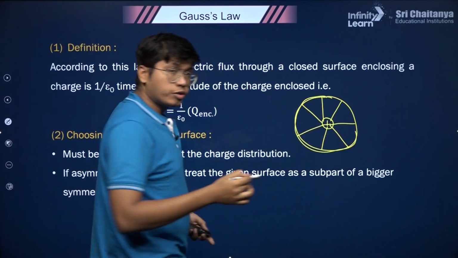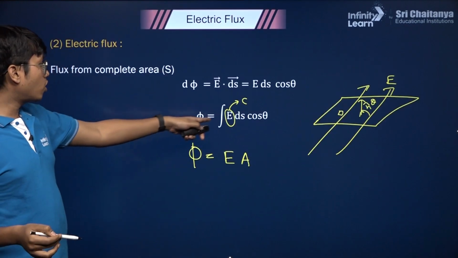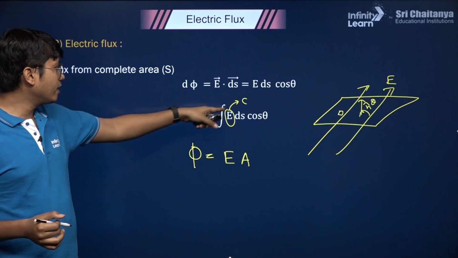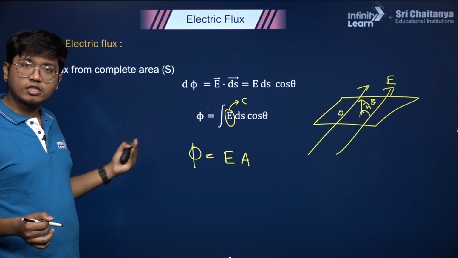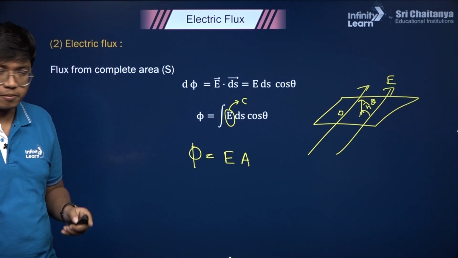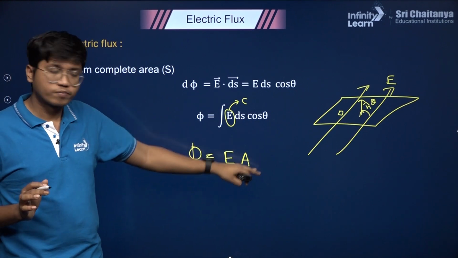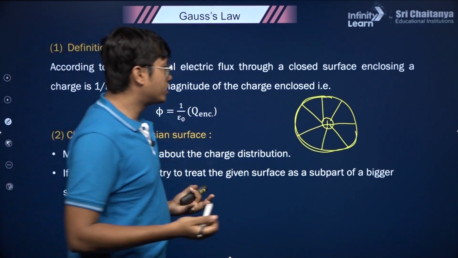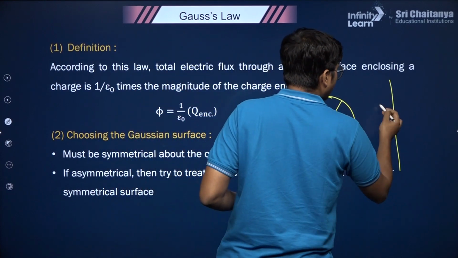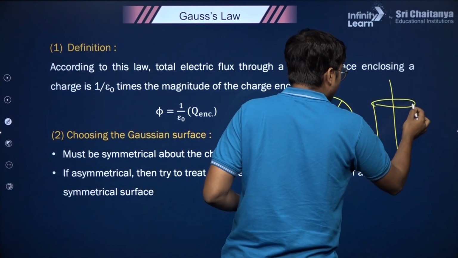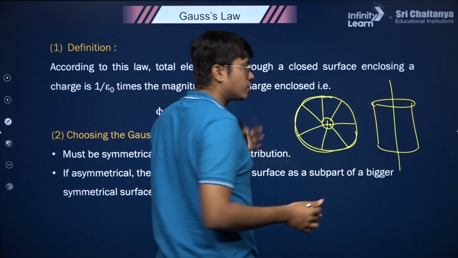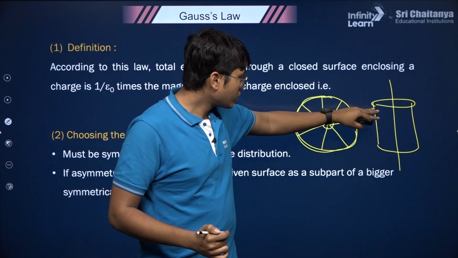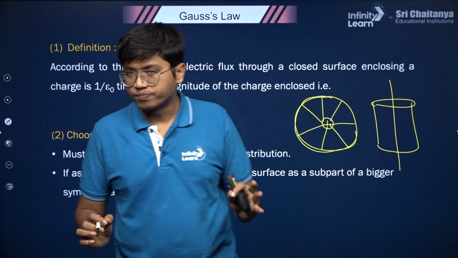So when you eventually equate your E dot ds with q by epsilon naught, you can effectively take the electric field as constant, get it out, and do your integration more easily. You'll get to this form in that case. Another case of symmetrical surfaces is if you have a line charge, then you take a cylinder. You have done all of these, and the reason, again, is that we want the electric field to be constant over that region.